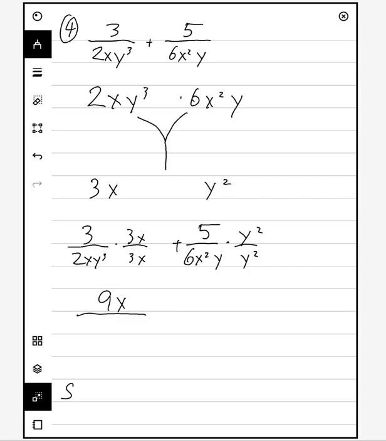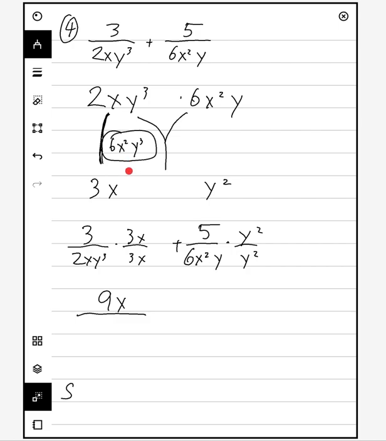Okay, so the other thing that we can do, since the bottoms are both going to be the same, once we multiply this together, we only have to do it once. So whatever's on the bottom here, it's going to be the same bottom here. But let's look at it here. If you were to combine these two together, what would it be? 2 times 3, 6, x times x squared, y cubed.